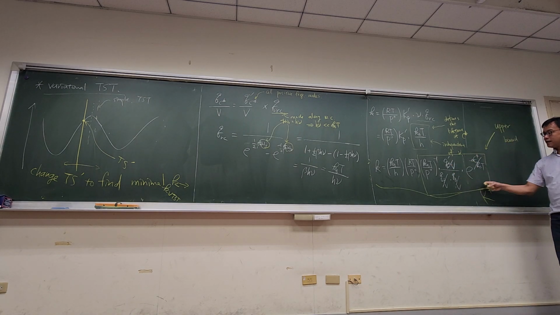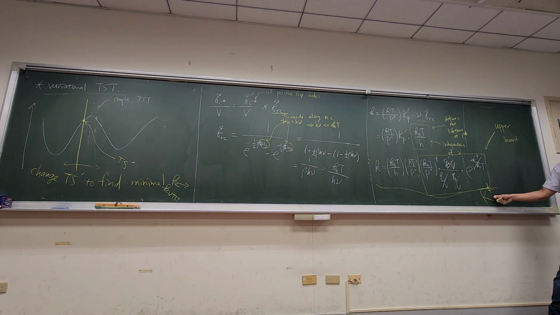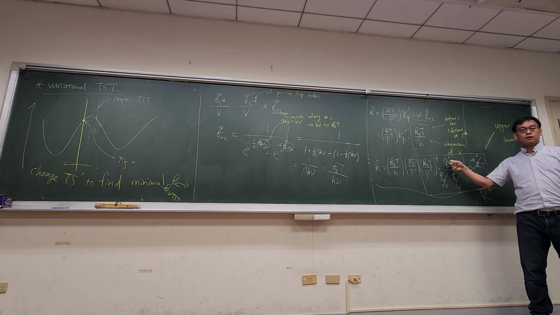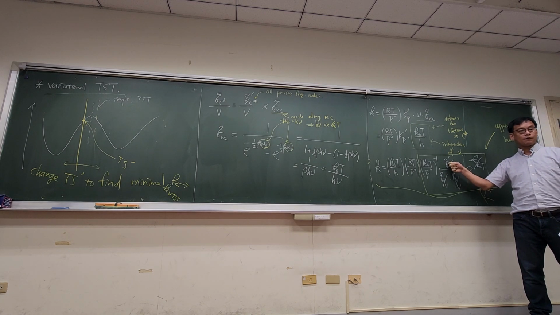You are only looking at this exponential electronic activation energy difference, this Boltzmann factor. But the real equilibrium constant is determined not just by this energy. It's also determined by the partition function of the molecular structure.